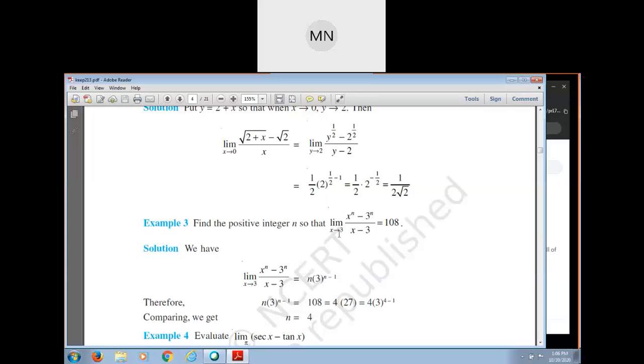See this one, limit x tends to 3, x to the power n minus 3 to the power n divided by x minus 3. According to the formula, x to the power n minus a to the power n divided by x minus a, here a is 3. Yes, it is 3.